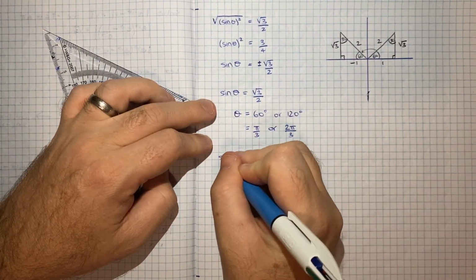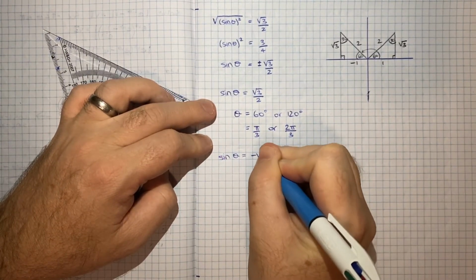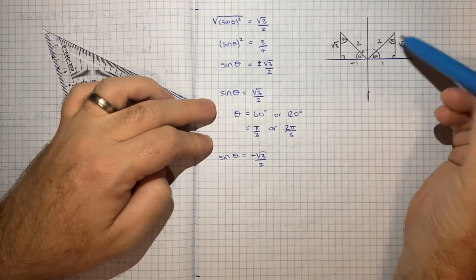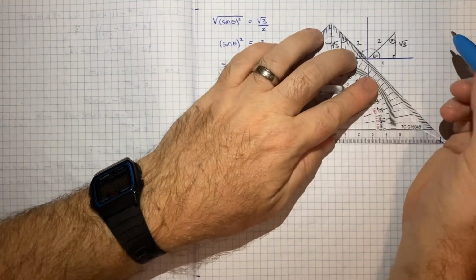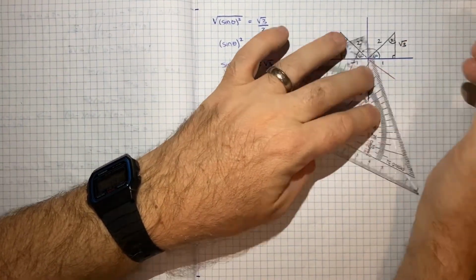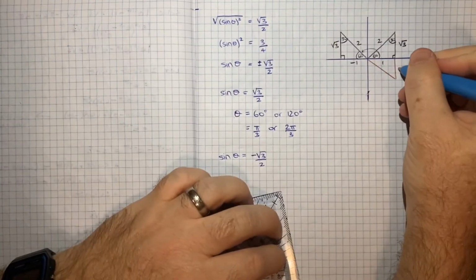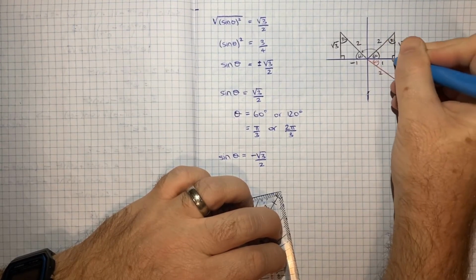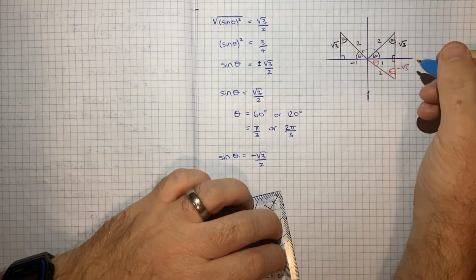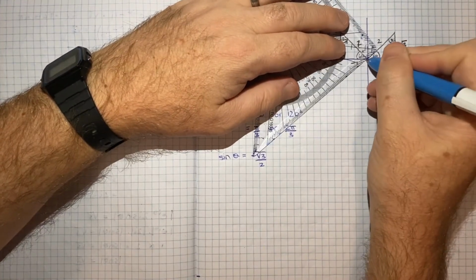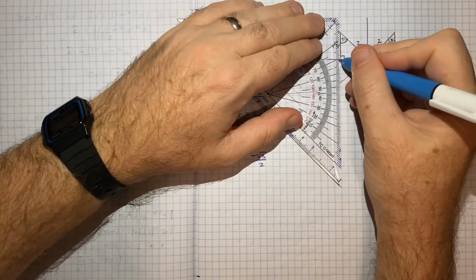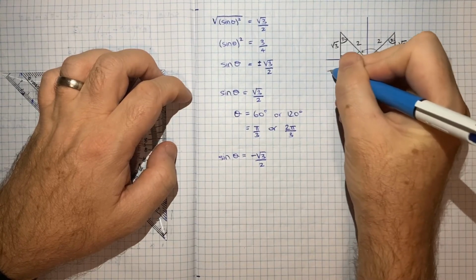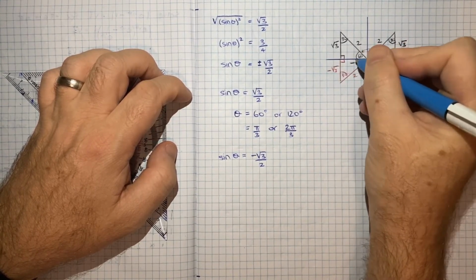Now if we look at sine theta equals negative root 3 on 2, we can just draw them in the negative quadrants. I'll use red here. Same kind of idea, but now we're going negative root 3 and 2, and it's still 60, 90 there, and 30. Same deal here, we can draw this triangle, 90 degrees, 60, 30, negative root 3 and 2, and we've already got our negative 1 there.